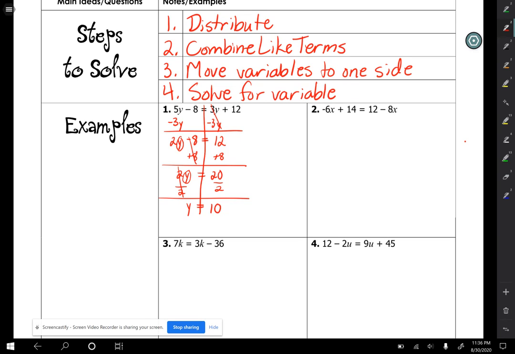On the right side, it's mostly the same. So I'm going to work these out too. Let's see. No distribution, no combining like terms. I'm going to move this negative 8x over by adding 8x. I need to combine my variables.